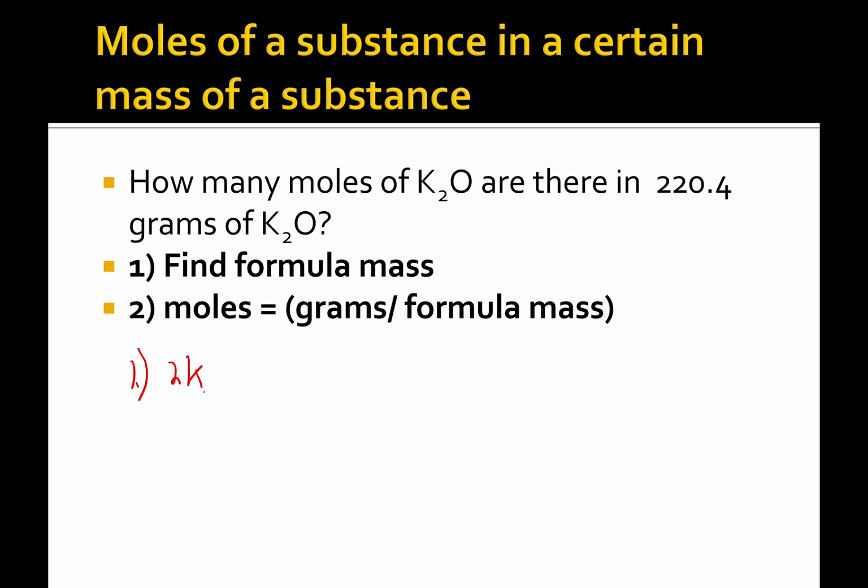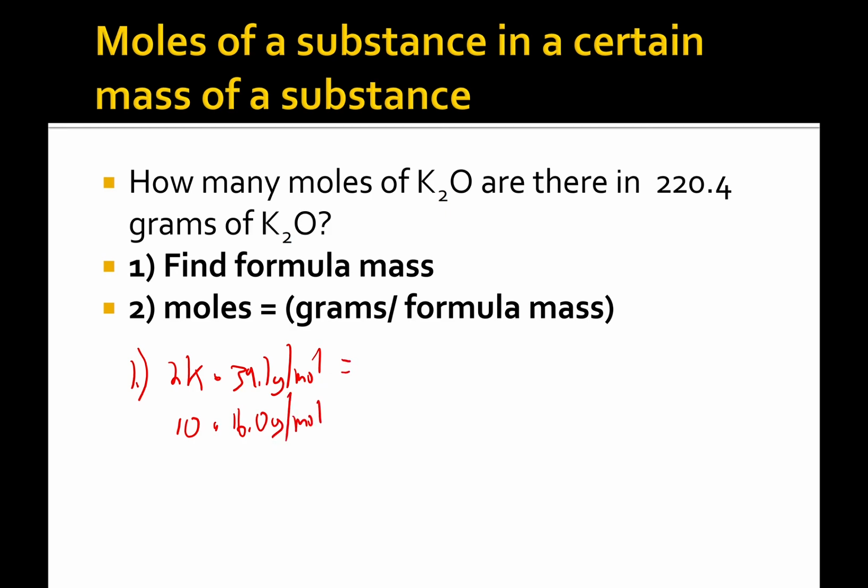We have 2 potassiums listed here. We have 1 oxygen in our formula. We're going to multiply this times 39.1 grams per mole. And we have 1 oxygen that we multiply by 16.0 grams per mole.